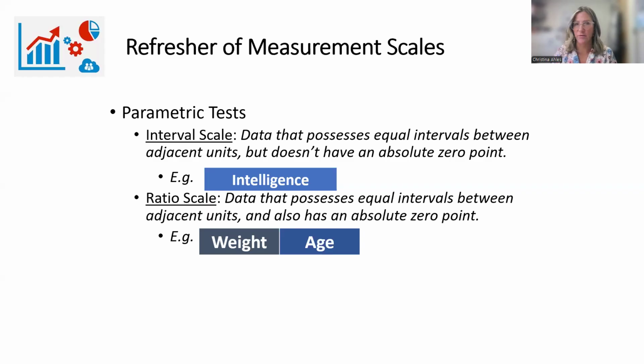Or a ratio scale like weight and age, where there is an actual 0. It's not just a placeholder. It starts at 0, like any kind of physiological measure. So both of these are quantitative data that can adhere to parametric tests and maintain the assumptions necessary for inferential testing.